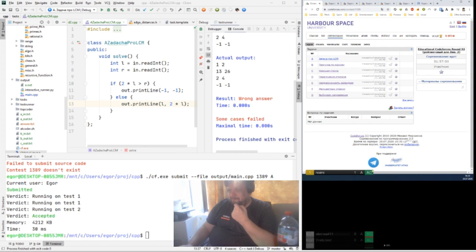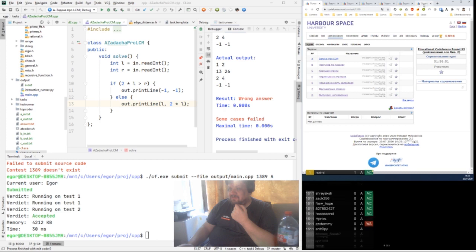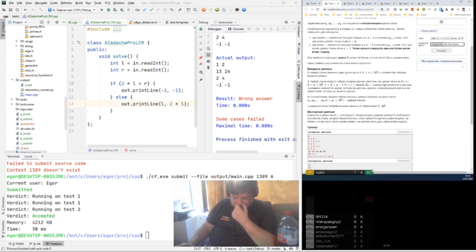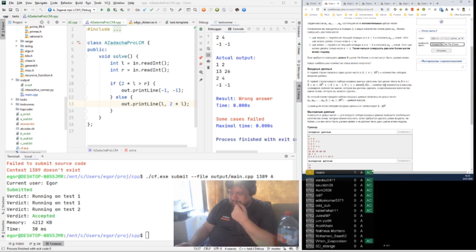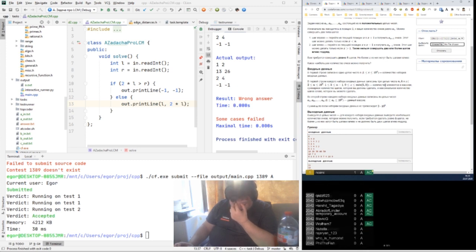So problem B. In problem B, we have an array, and we start at the first element of that array, and in each step we can go either left or right, and after doing a step, we add the value of the corresponding element of the array that we stand on.